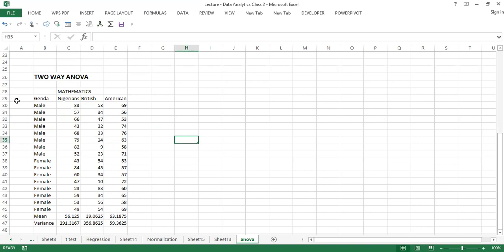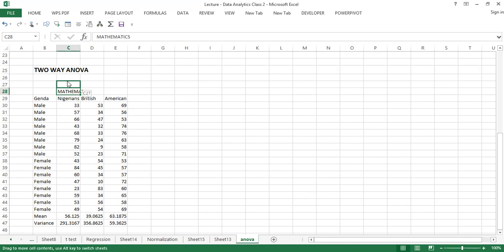In this case, you can see there are two factors here. We have the nationality and then we have the gender. So we want to see how nationality and gender affect the scores of students in mathematics.